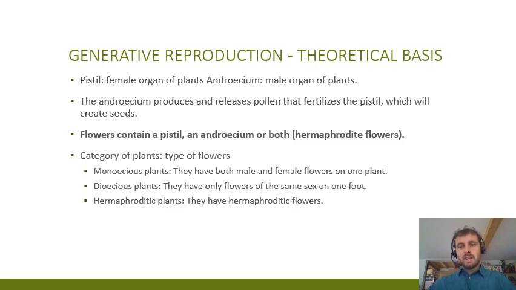Then we have different categories of plants depending on the flower. You have monoecious plants, that are plants that have both male and female flowers on one plant. So usually in this type of plant you don't really care, you just plant them and you never have issues with reproduction and with production as well, because often the seed is also what we harvest, so we need to work to get it.